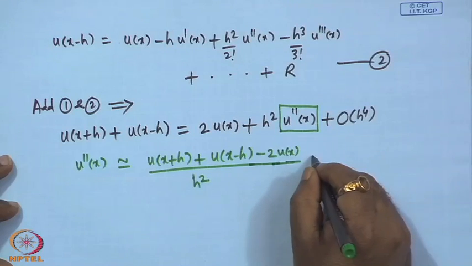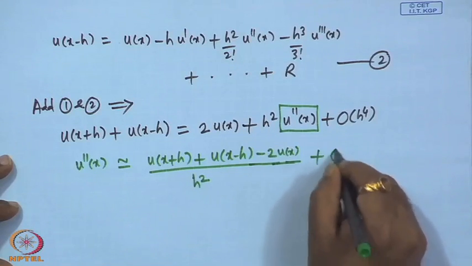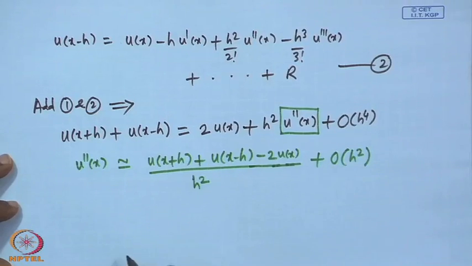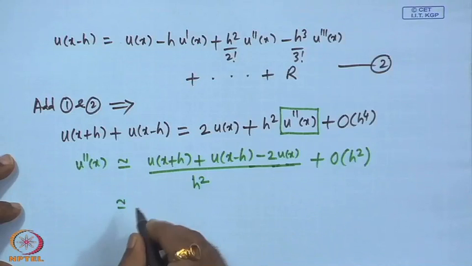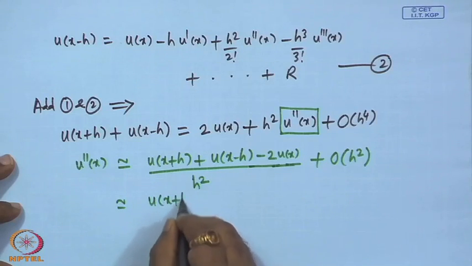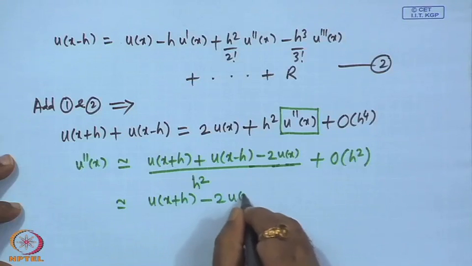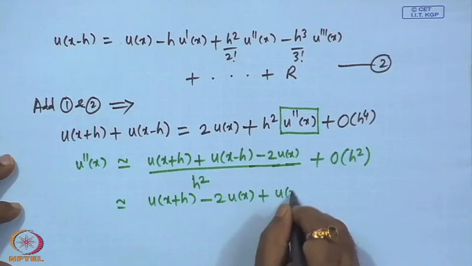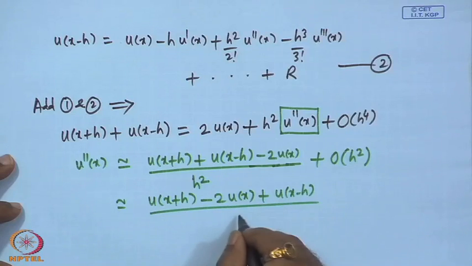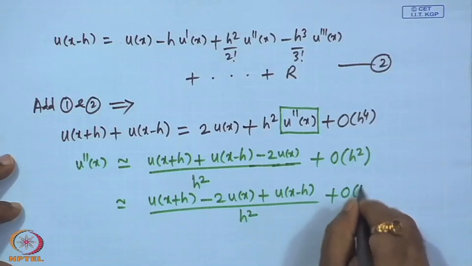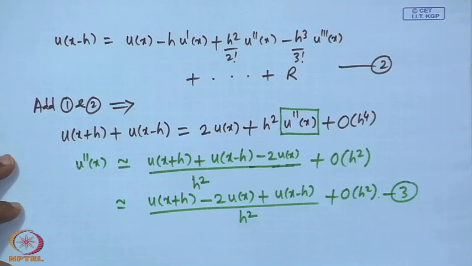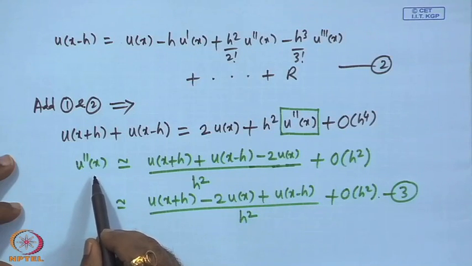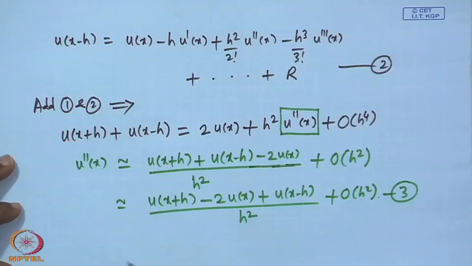Since I have divided by h square, this becomes the typical approximation: u double dash of x is approximately u of x plus h minus 2 u of x plus u of x minus h, divided by h square. This is an approximation for the second order derivative. Remember, we have added 1 and 2.